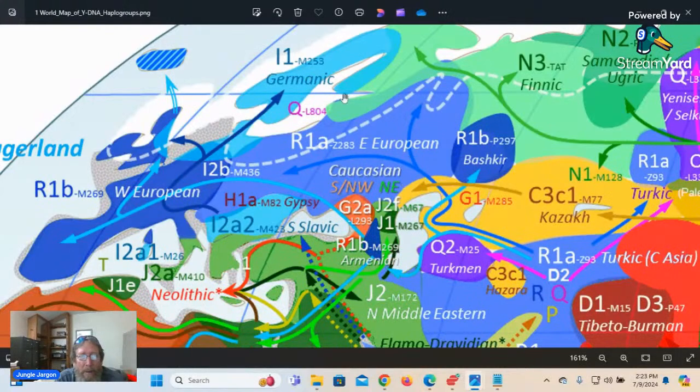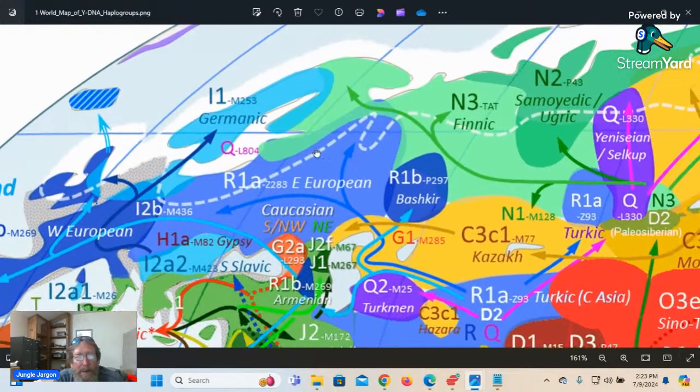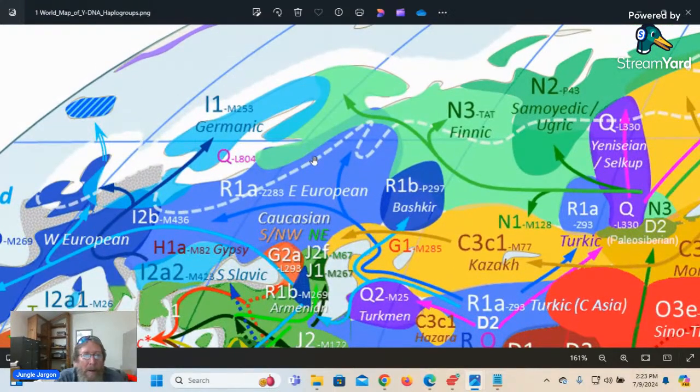So we have Gomer in Europe. And the R1A was easy to determine because of the Ashkenazis.